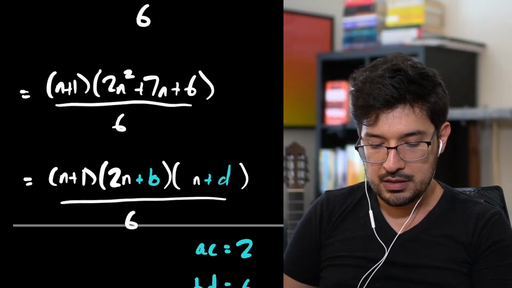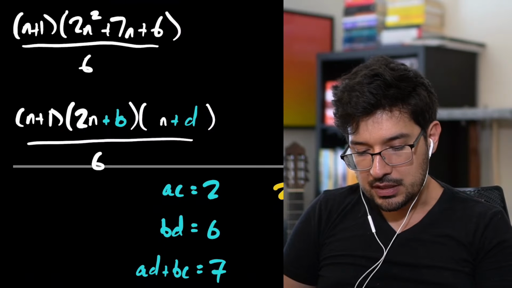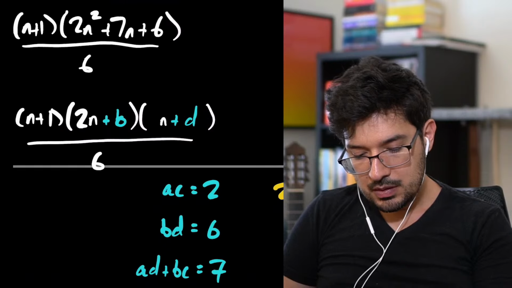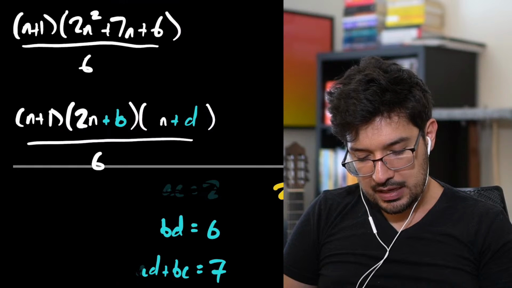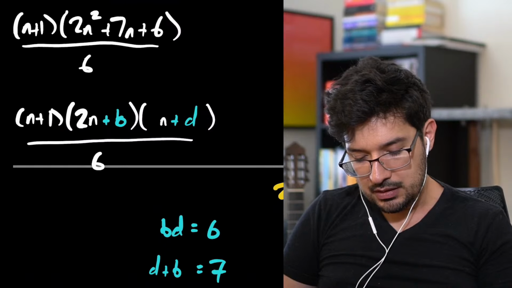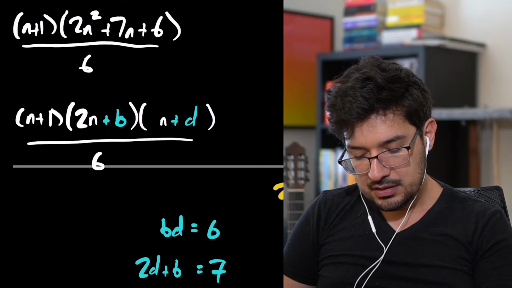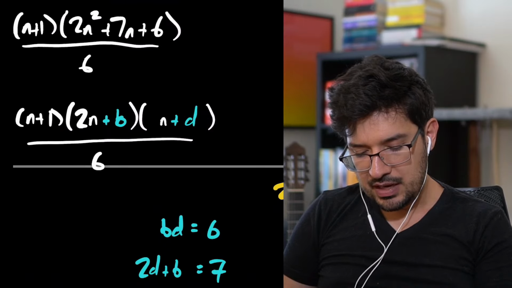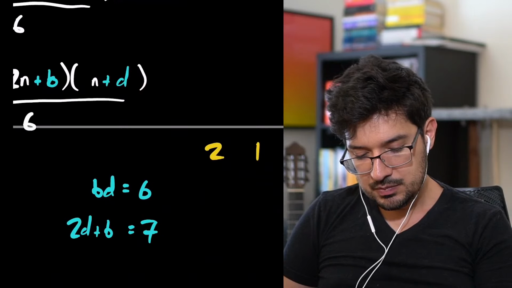Now, that simplifies our factoring. A is 2 and C is 1. So then we want to find B and D that multiply to 6, and 2D plus B equals 7.